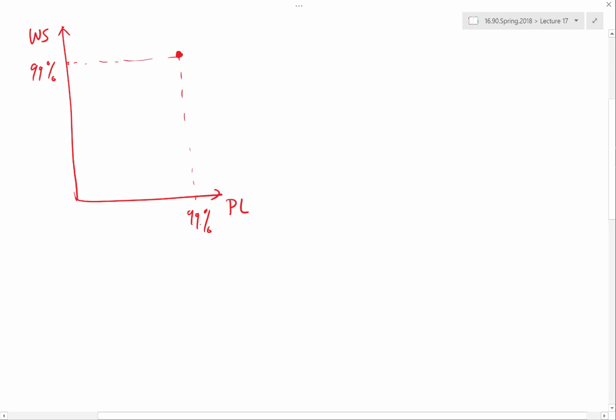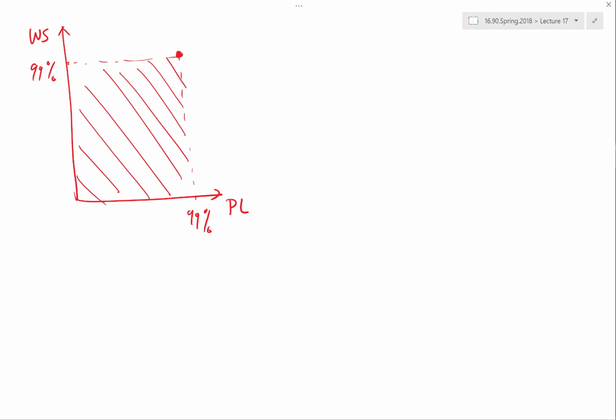Does that work? Why? So it's 0.99 times 0.99, which is less than 0.99. So basically, the percentile of this quadrant of the design point is actually less than 0.99. So you have to make this, for example, 99.5 and 99.5 for that to work.